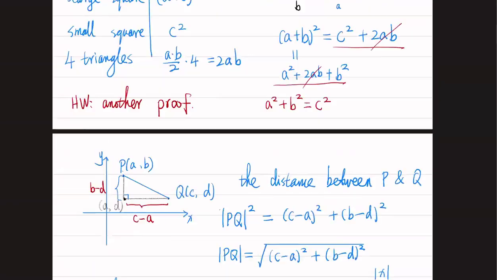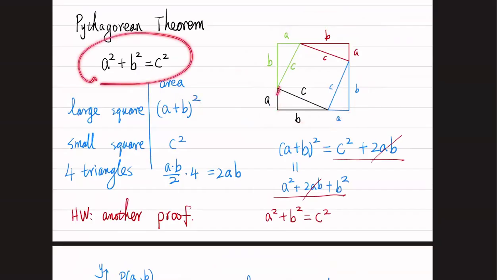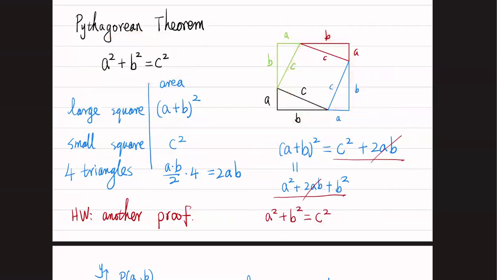And the proof of the Pythagorean theorem. Keep this picture in your mind. To prove this, we have a triangle, but we can make 4 of them. Put together, we get 2 squares. Then we have the formula. Okay, so keep this in your mind.